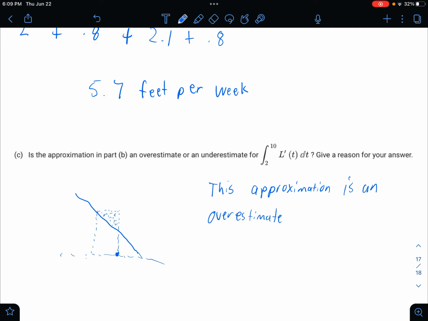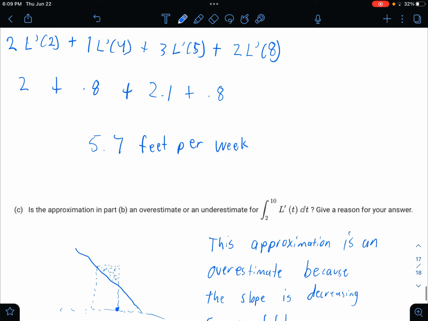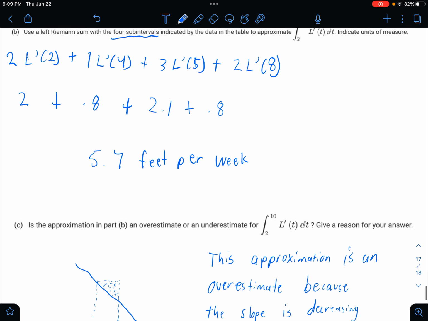This approximation is an overestimate because the slope is decreasing for a right Riemann sum. Oh, sorry, for a left Riemann sum.